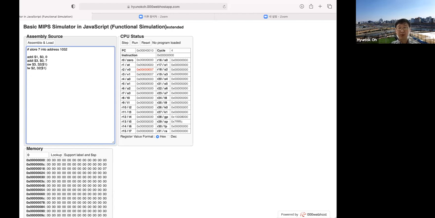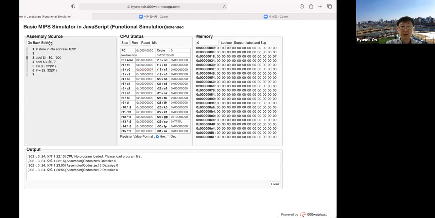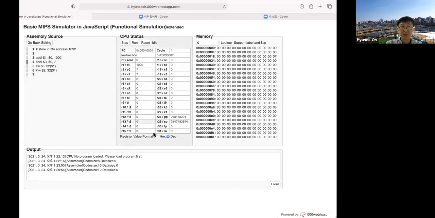There are so many ways. One of them is base address $1. So let's assign 1000 here. And $3 is 7. We don't need the write direction. So here the address is 1032, right? So store and step. This address is a hexadecimal value; decimal-wise it is 1000.